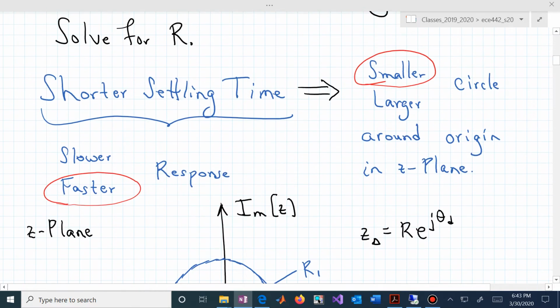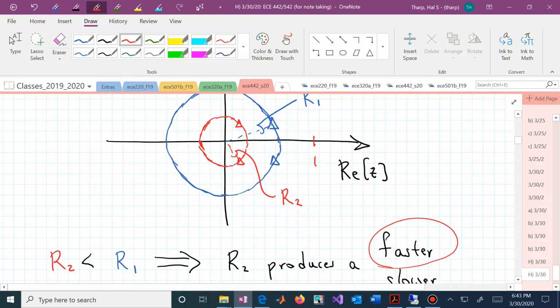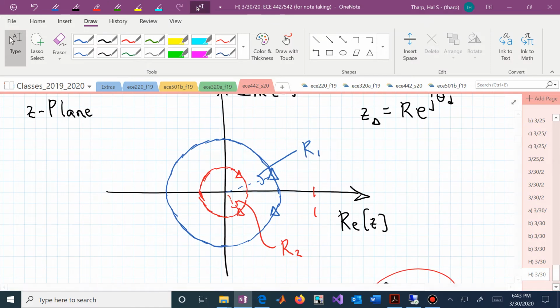If you have percent overshoot, now that's going to be these logarithmic spirals, and where do they potentially intersect or overlap with the circles, and that might give you an indication as to where to locate your desired poles.